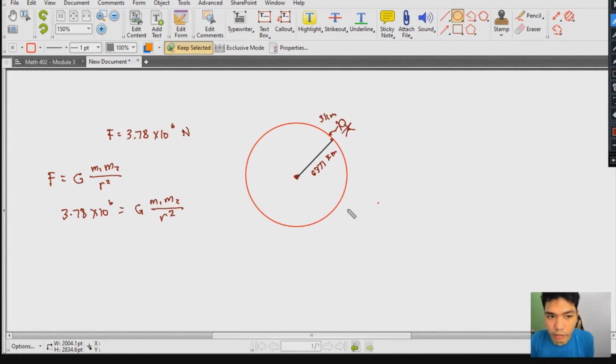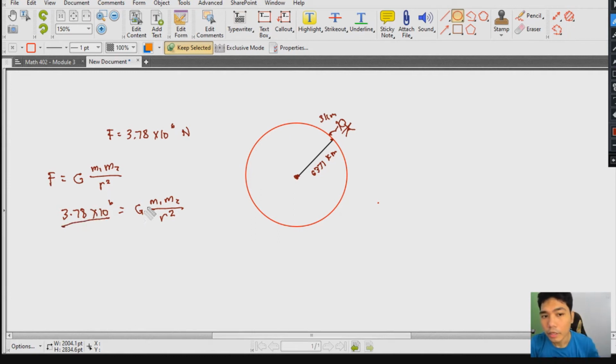Now, from this, remember, the weight is inversely related to the distance from the surface of the Earth. As we move further away from the surface of the Earth, we could think of our weight as decreasing. So, we have this force, 3.78 times 10 to the 6.